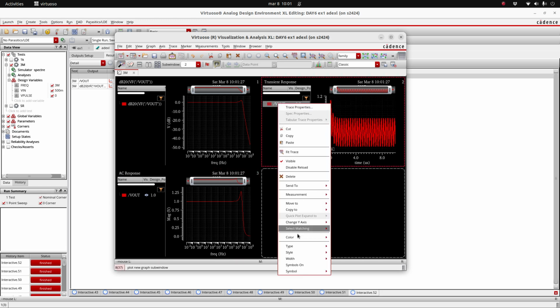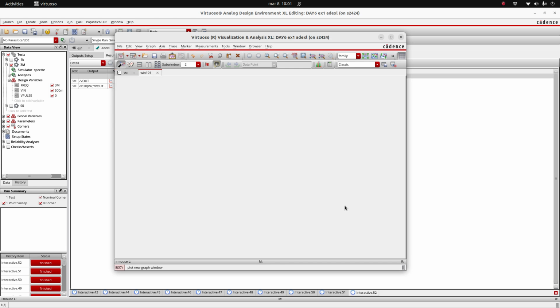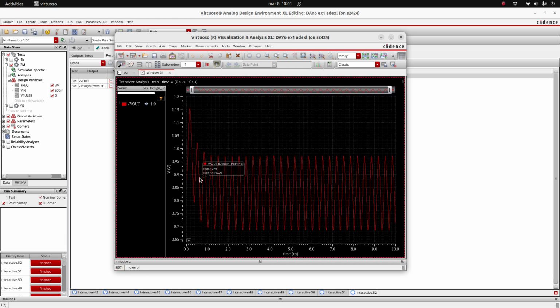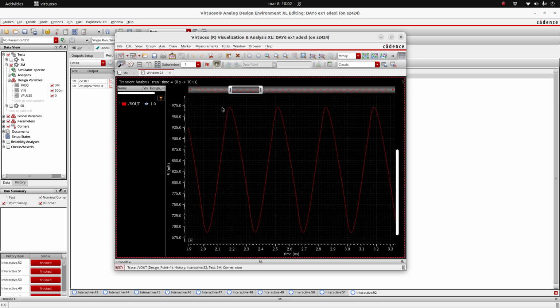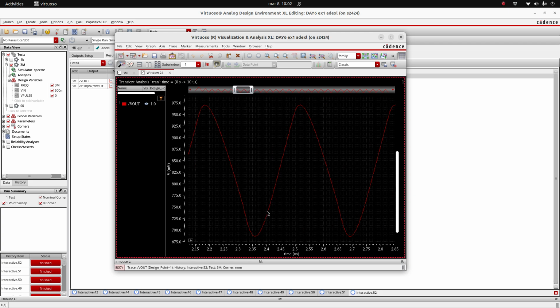Okay, so let's send it to a new window. Then there are several things that have happened here, and to start with, the amplitude is totally different. It is not anymore 500 millivolt amplitude, and the other thing is that there is really a strong distortion in this signal. It has been distorted. It is not a sinusoidal signal anymore. It looks more like a triangular wave, and then we don't even need to check the distortion levels.